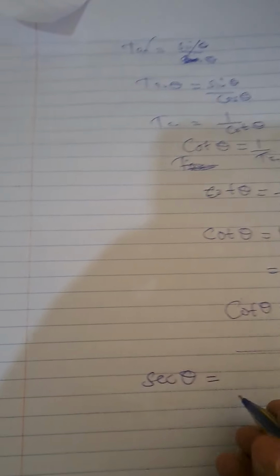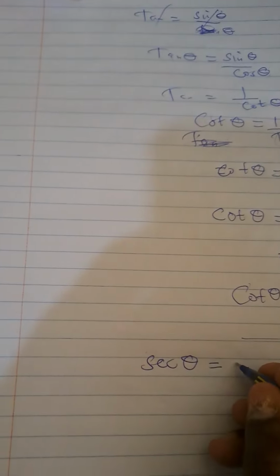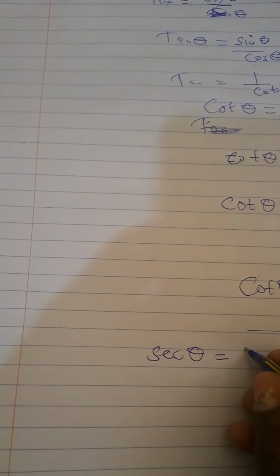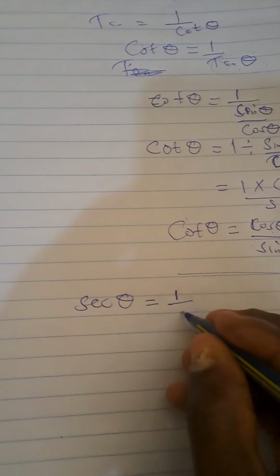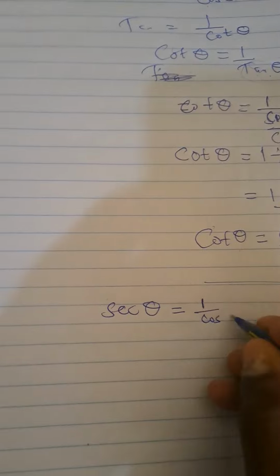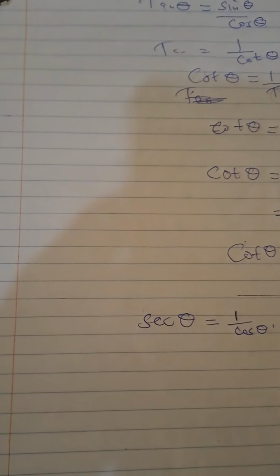We say that sec theta is equivalent to 1 over cos theta.